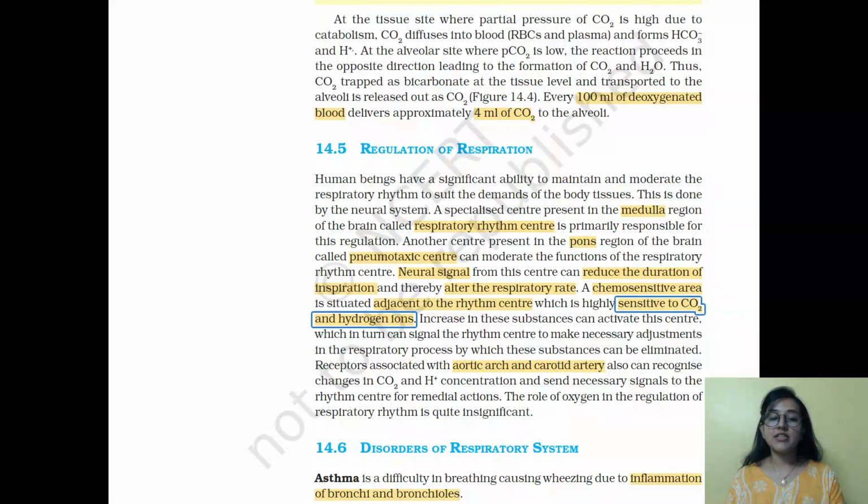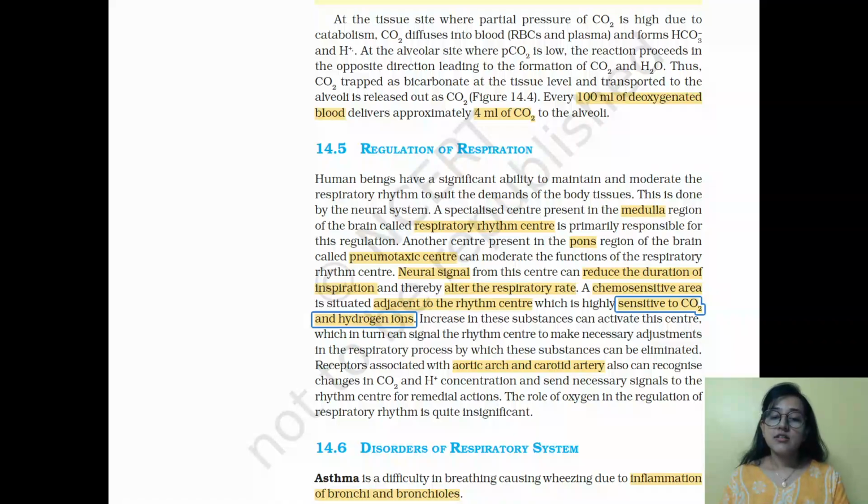This is done by the neural system. We can all experience this in our day-to-day life. The respiration that is occurring throughout day and night, throughout our life, we cannot actually feel it all the time because it is regulated by the neural system. It is not something we are doing deliberately.